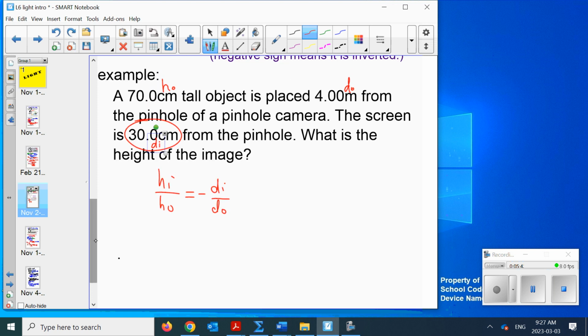Now plug in the numbers. HI is what we want. HO is replaced with 70. Distance to the image is 30 centimeters, with the negative sign.